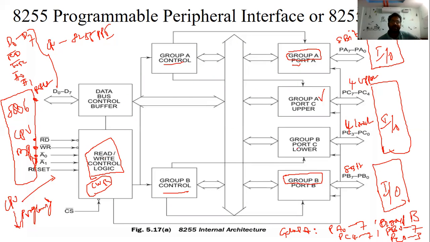According to these commands, the ports will work as input ports or output ports. Commands can simply be sent in 0 or 1 format only. Commands means that the microprocessor gives any command to any device in the form of 0s and 1s only.